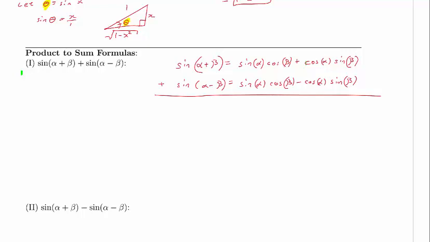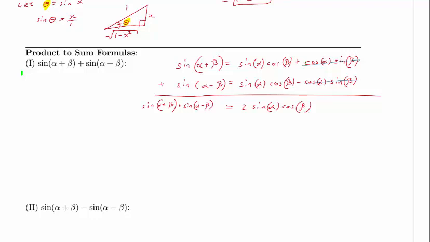All right, so let's go ahead and work this through. We have sine of alpha plus beta. All right, and you notice on the right-hand side that this guy and this guy cancel out, leaving us with 2 times sine alpha cosine beta.